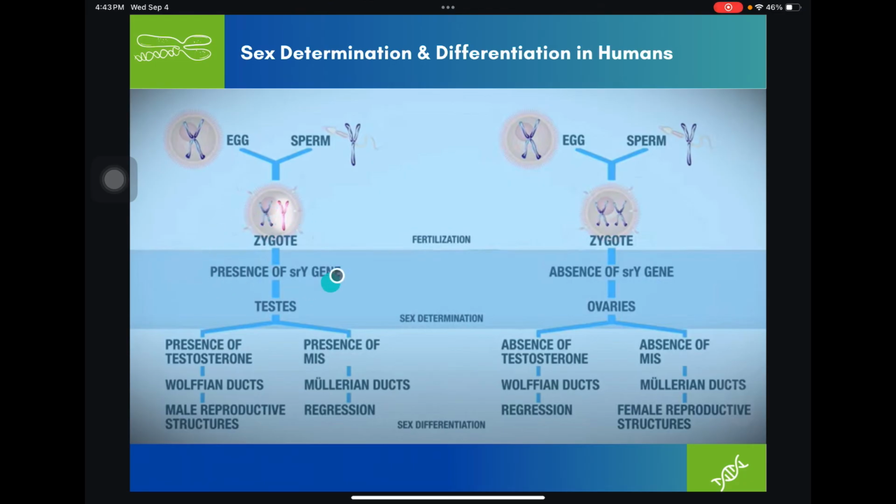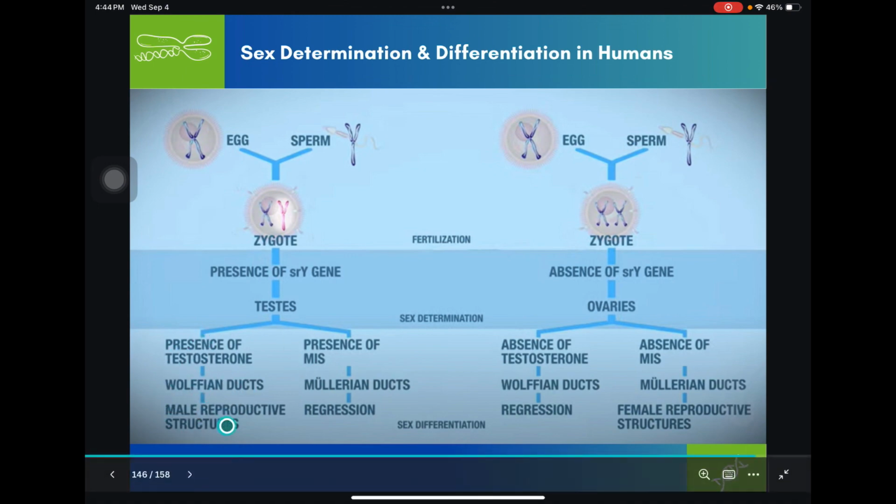There will be a presence of the SRY gene, and because of the SRY gene, it will influence the development of the testes. If the testis is developed, there would be a presence of testosterone and Wolffian ducts, and as such, male reproductive structures will continue to develop, as we can see in this one.